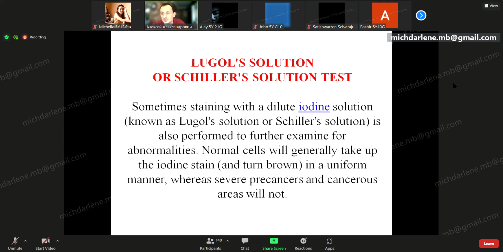These maneuvers are very simple, and we don't need to be afraid to use them during our routine gynecological examination. And if you are talking about the prevention of different pathological conditions of the cervix, don't forget that everything is in the hands of the doctors.